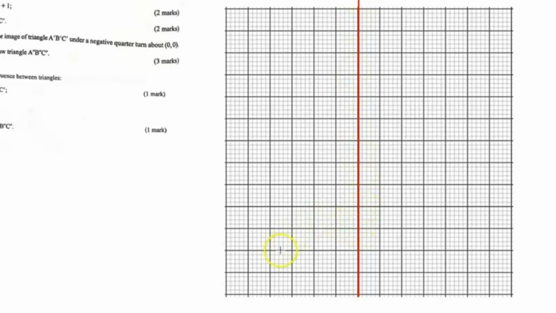Then I also do the same with the x-axis. So now you have the x-axis and you have the y-axis. Fine. So then here we have 0, 0.